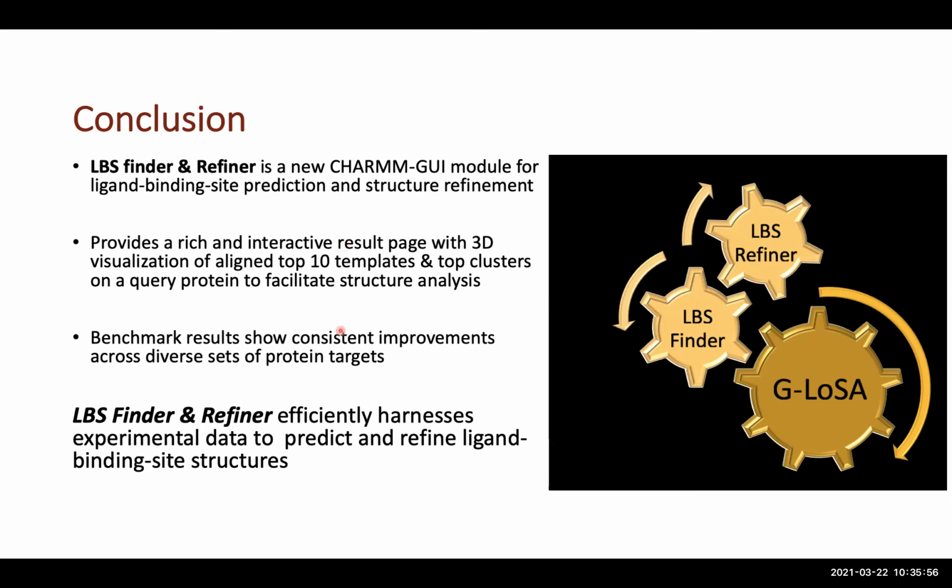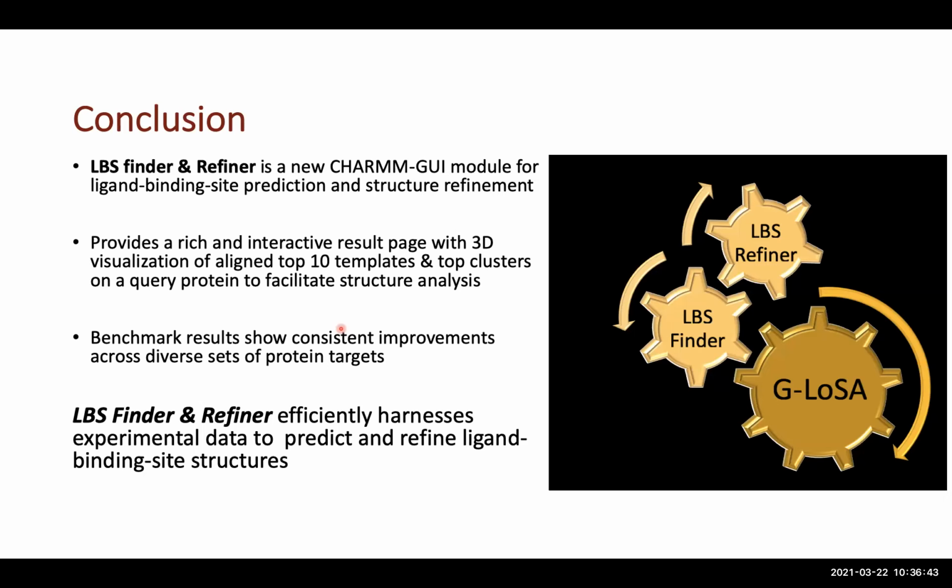So what I mean to say is that in our result page, we provide a rich and interactive option for user where all of these top 10 aligned templates have information about their TM scores, the global similarity between the templates and the query protein, the local similarities to GA scores, sequence similarities, ligand ID, etc. that I think can be really useful for a user to know what kind of ligand can bind to their local structure on their proteins and what possible binding sites they can explore more.